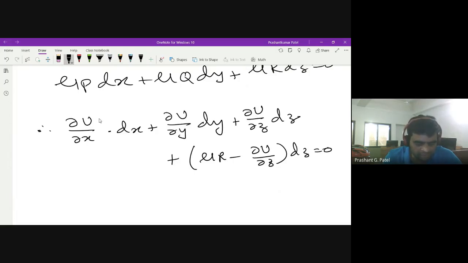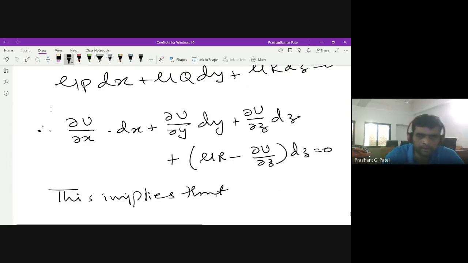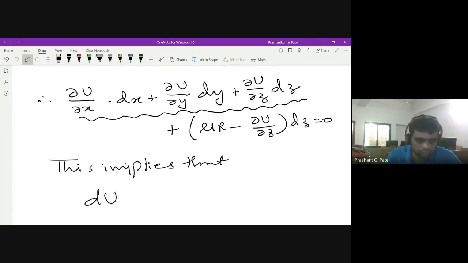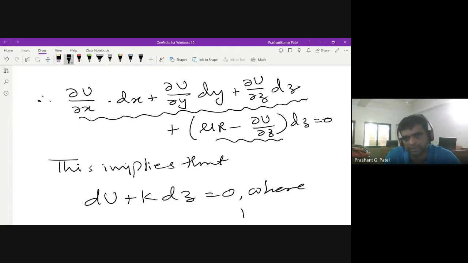Now what will this imply? This quantity is nothing but the du plus, I may call this capital K dz equal to 0, where this capital K function is mu R minus del u by del z.